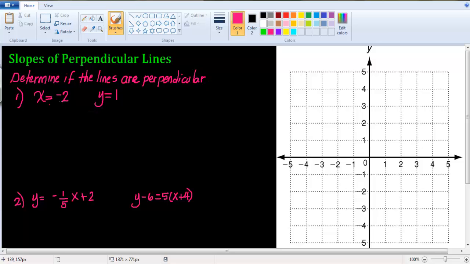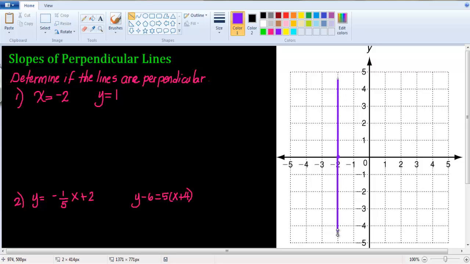Okay, so let's look at x equal to -2. If I were to plot x equal to -2 on my graph, I would have to stop right here at -2. And when it says x is equal to -2, that just means that x is equal to -2 always. That's a vertical line. That means it's a line that goes through that point -2 forever.